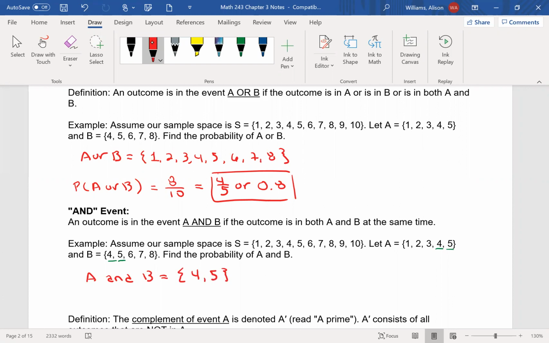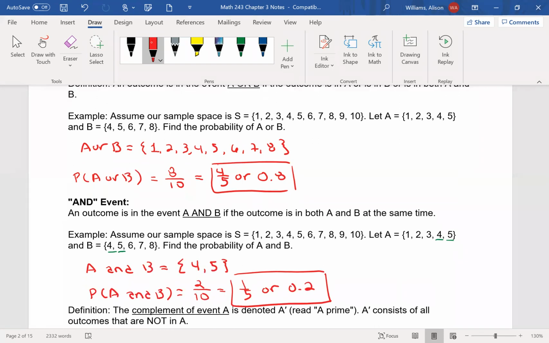The probability of A and B would then be two possible outcomes out of 10 total, or as a reduced fraction, 1/5, or 0.2, or 20%, if you really love those percents.